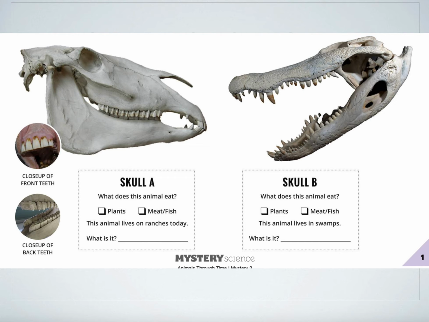We also learned if we take a look at the teeth of a fossil, it can give us clues to what they ate. So, for example, this flat tooth skeleton probably ate plants, where the skeleton with the sharp teeth probably ate meat. I believe this one's a horse.